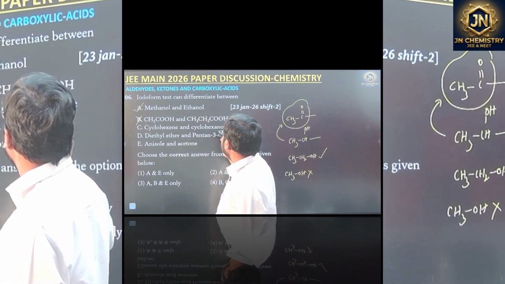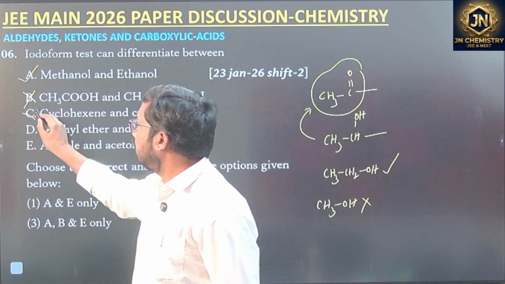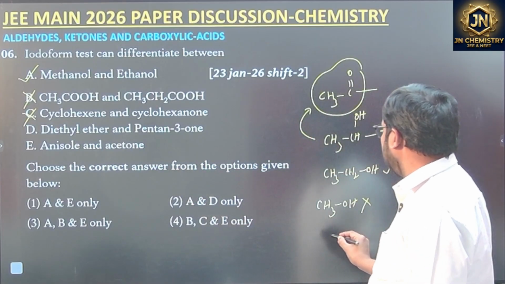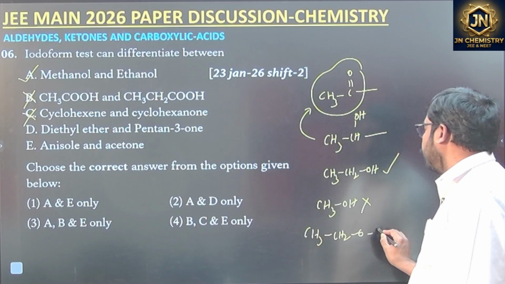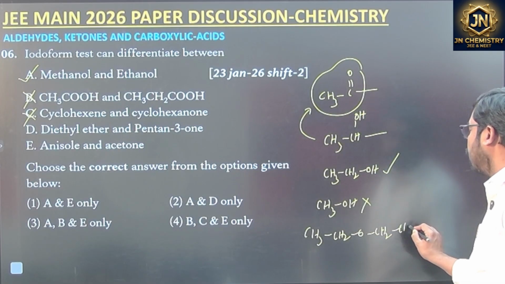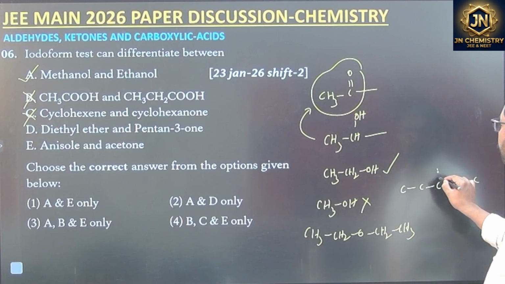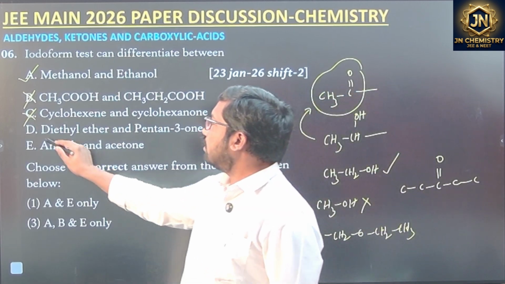Cyclohexanol and cyclohexanone, it won't give. And diethyl ether and pentan-3-one. So diethyl ether, CH3CH2OCH2CH3, and pentan-3-one, 1 2 3 4 5, pentan-3-one, neither will give. So this is also wrong.